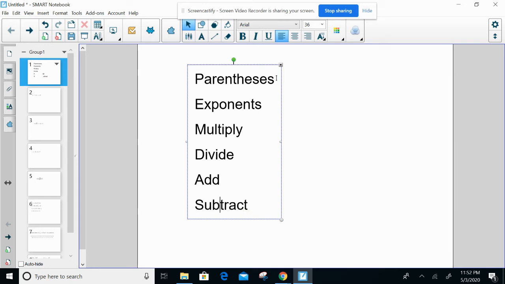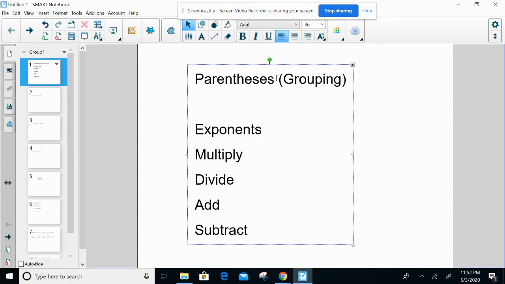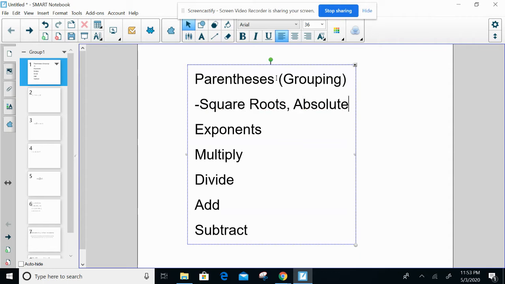Now, I did want to mention something about the parentheses. Another thing about parentheses that we want to make sure we talk about is grouping. Some people actually call it GEMDAS, if you've ever heard of that before. And that's because grouping includes parentheses, square roots, and absolute values.